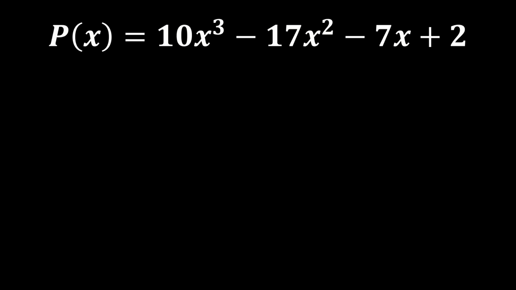So, paano mas madaling maiintindihan si rational zero theorem? Well, let's have examples. So, let's say for example, we have the function p of x is equal to 10x cubed minus 17x squared minus 7x plus 2. Now, ano yung pagkakaiba niya with the previous functions na pinapasolve ko? Okay, that is correct. Kung titingnan po natin yung first term, or yung term na may pinakamataas na exponent, ay meron nang katabing number.